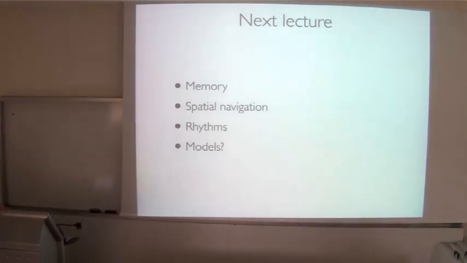On Thursday we'll finish up with LTP and plasticity, and then we'll talk a little bit about memory. I wouldn't get too much into it because I think it's covered much better in the cognitive course, but we'll just mention it briefly. And we'll talk about spatial navigation, place cells, grid cells, maybe a little bit.